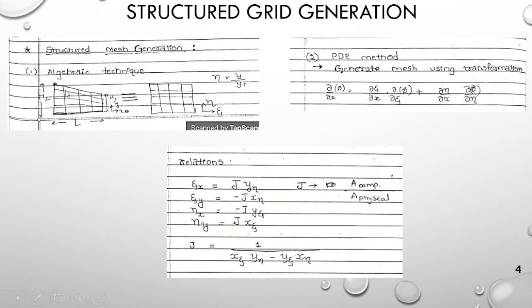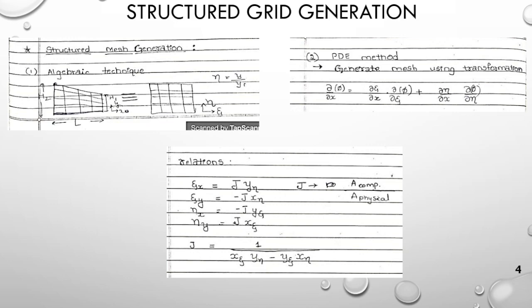In the algebraic technique we use just analytical expressions to get the equivalent at this eta zeta plane. Once we get that, we have to convert our equations which are present in x and y. So we have dou u by dou x, dou v by dou y terms. Usually in the governing equations we want to convert that into dou u by dou eta, dou u by dou zeta, something like that.